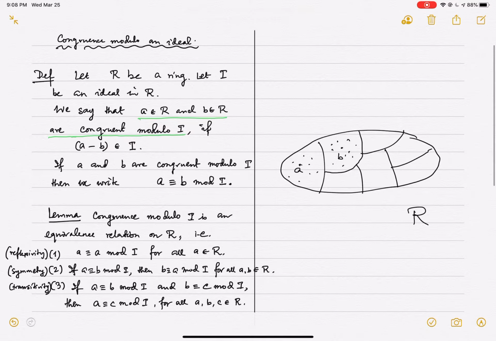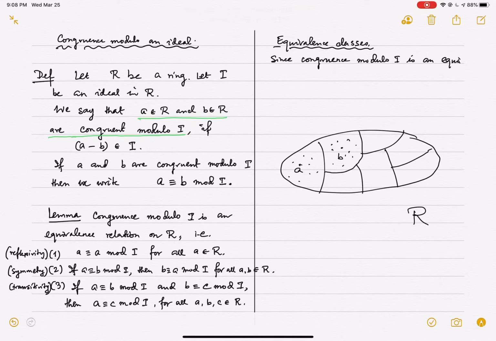let's headline this: equivalence classes. Since congruence modulo I is an equivalence relation on R, it defines a partition of R into what are called equivalence classes.